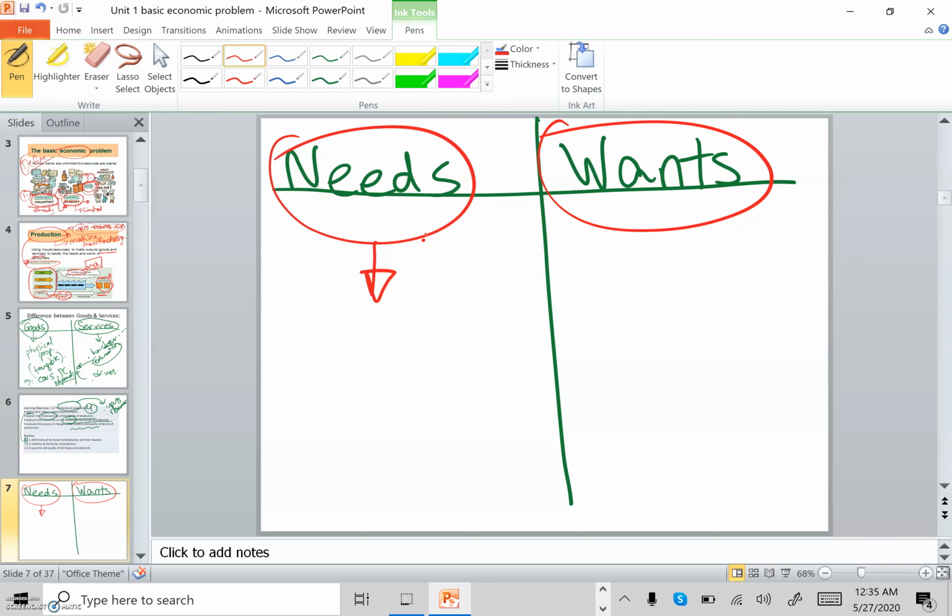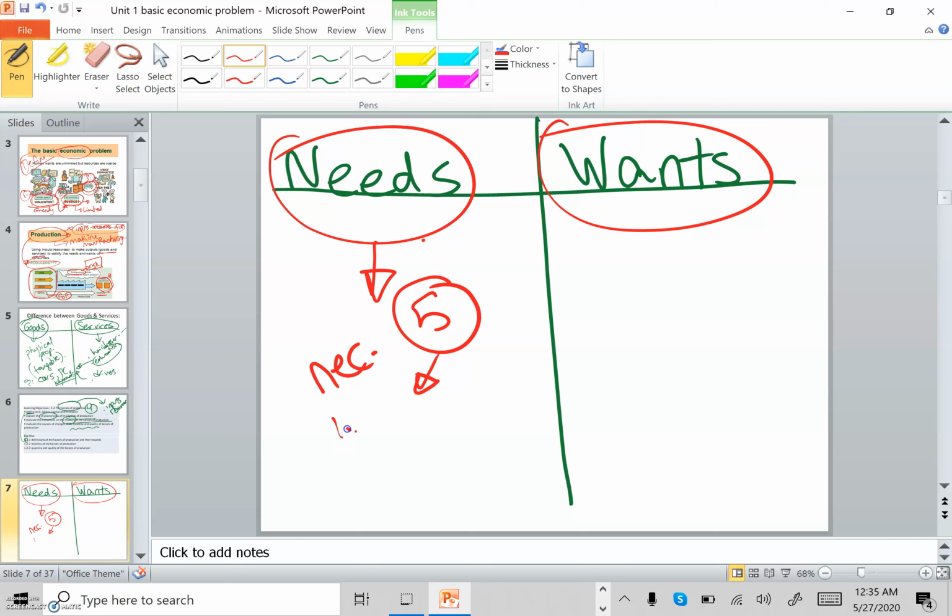Needs are necessities in life that we cannot survive or live without. We have 5 basic needs and we cannot argue about them. For all the people in the world, they agree that these 5 things that I'm going to mention right now are needs, essentials in life that we cannot survive without.